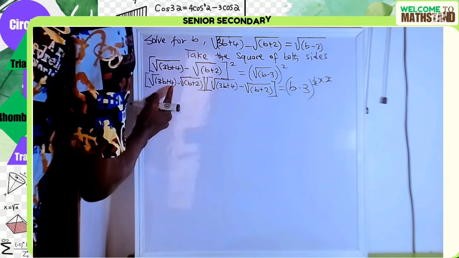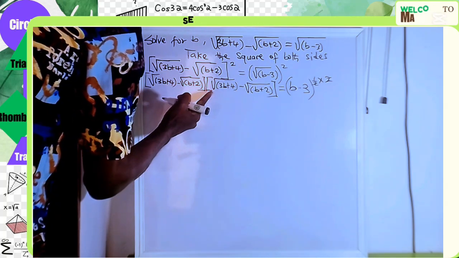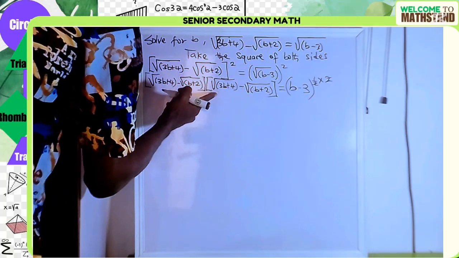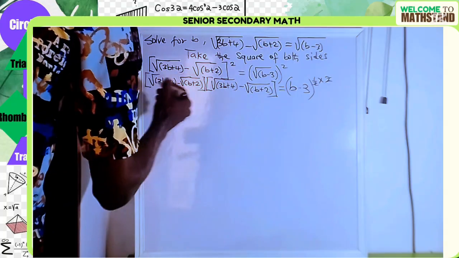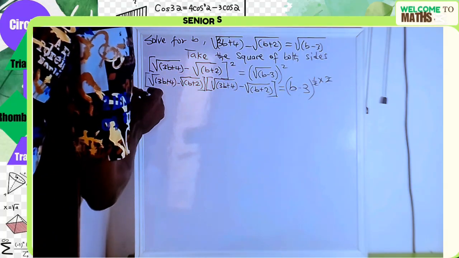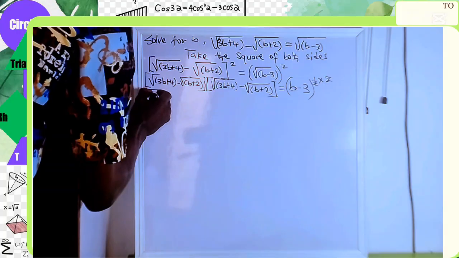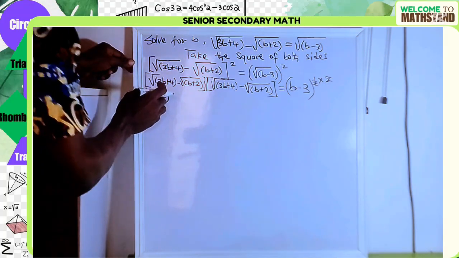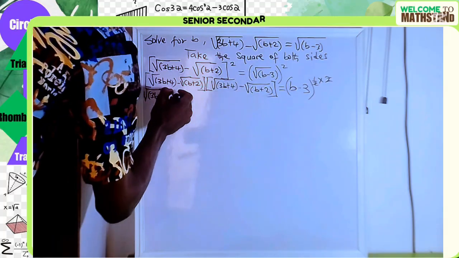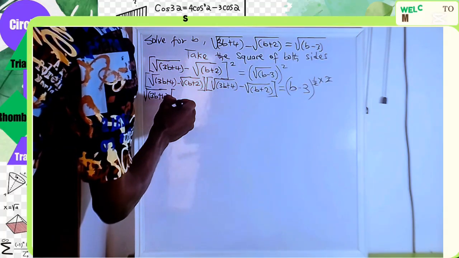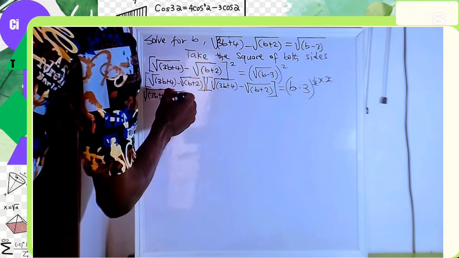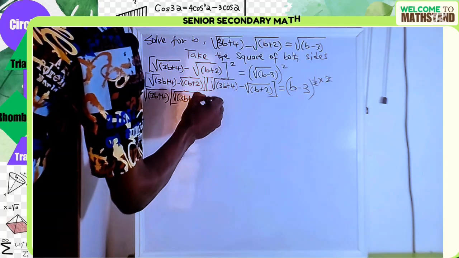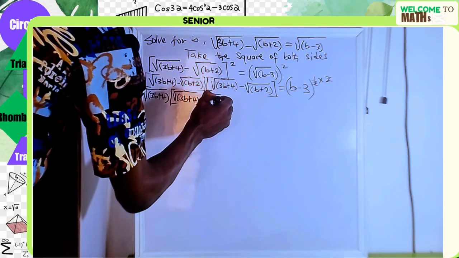This first term here will be used in multiplying everything in this other bracket. And the same thing, this one will also be used in multiplying everything in this other one. I hope you understand. So let's firstly take the first one here. So square root of 3b plus 4, please multiply everything here. So let me just rewrite everything, for those of us that are learning this for the first time: square root of b plus 2.